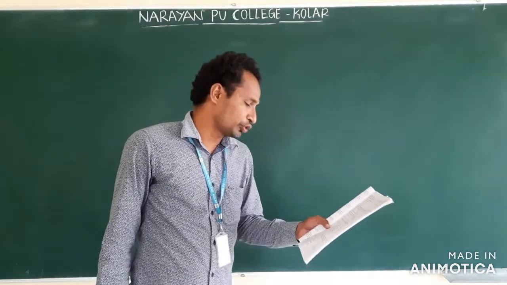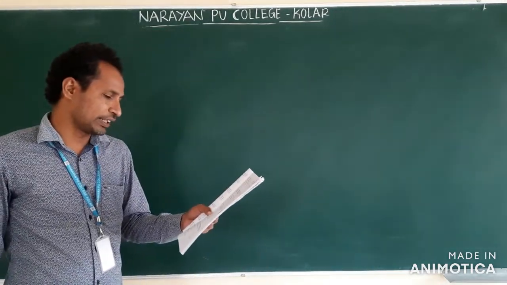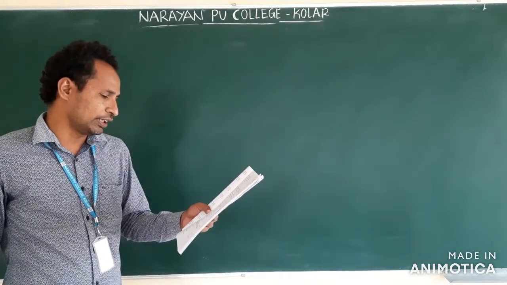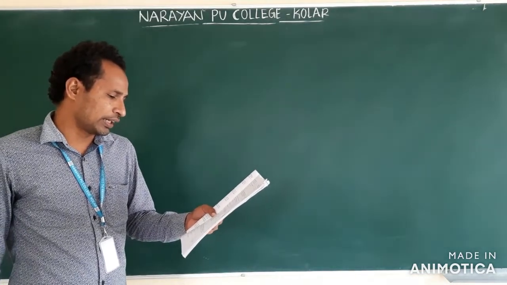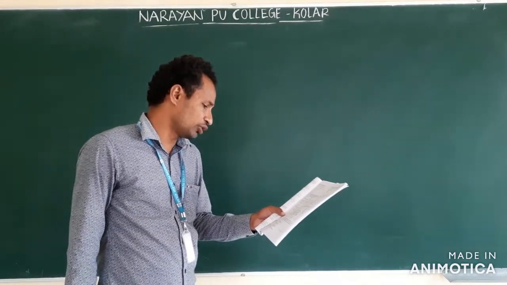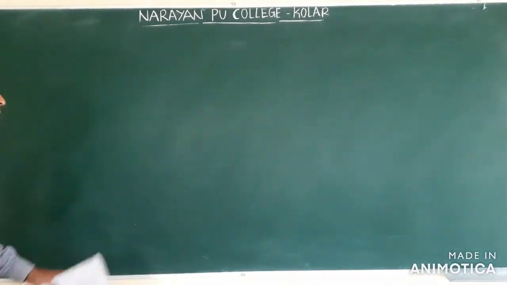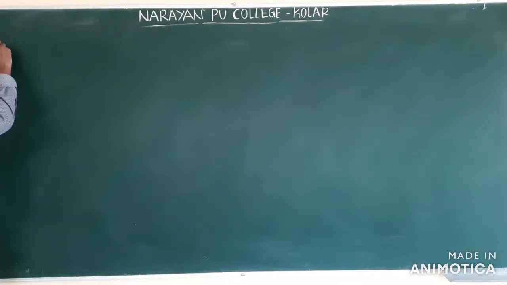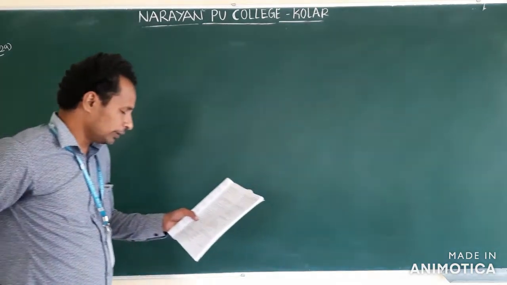Next, 29. Two identical charged particles enter a uniform magnetic field with the same speed but at angles 37 degrees and 53 degrees with the field. The ratio of pitches of the helical path. The charged particle is not entering perpendicular to the field.